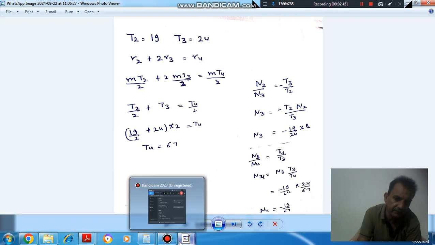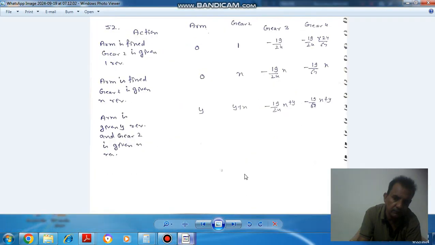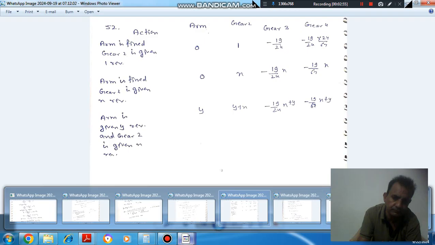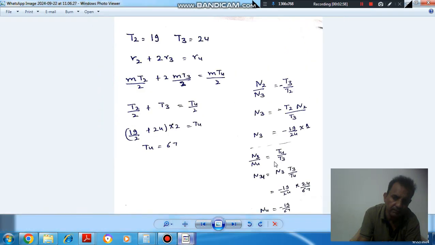So the revolution of gear 3 is minus 19 by 24, and for gear 4 we have N4 by N3 is equal to T3 by T4. The minus sign will not be there because they are in internal mesh.